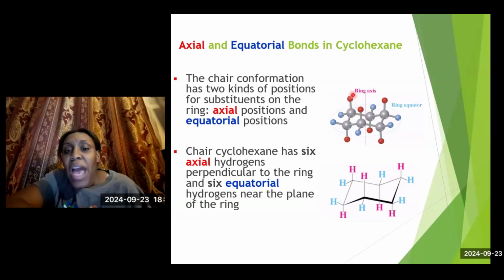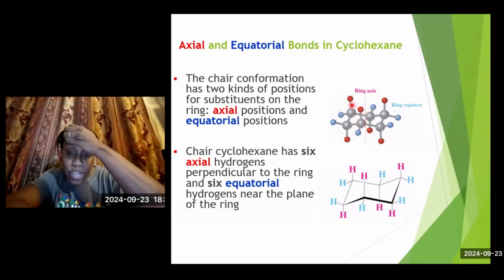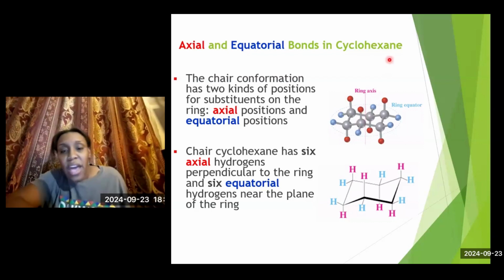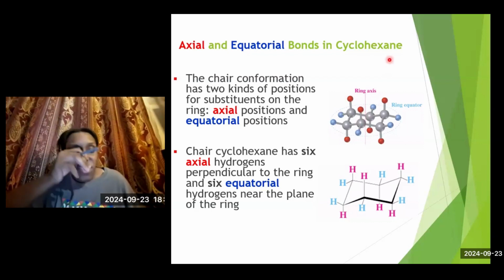Whereas the red are sticking up, so they're going to be on the y-axis, going up and down. First this hydrogen goes up, and then the next one goes down, up and down, okay?